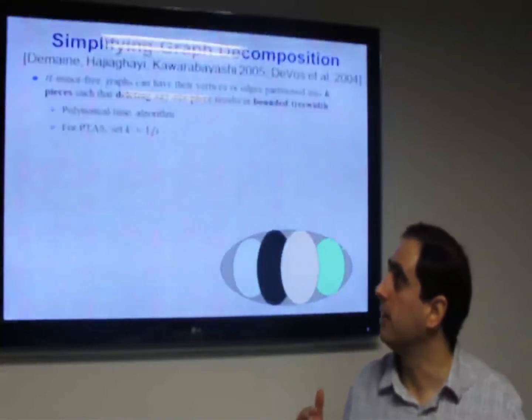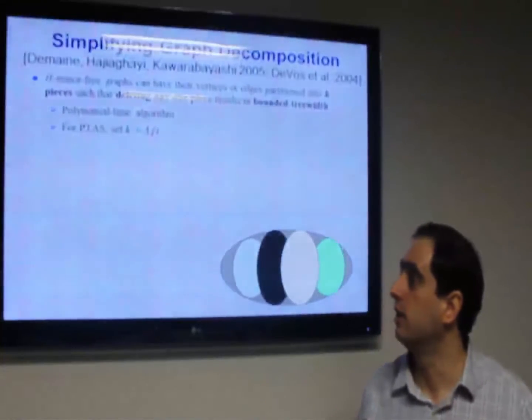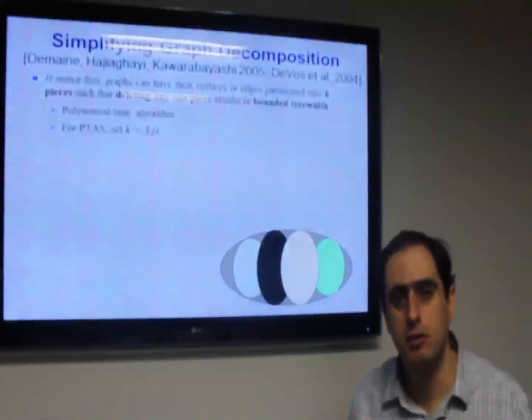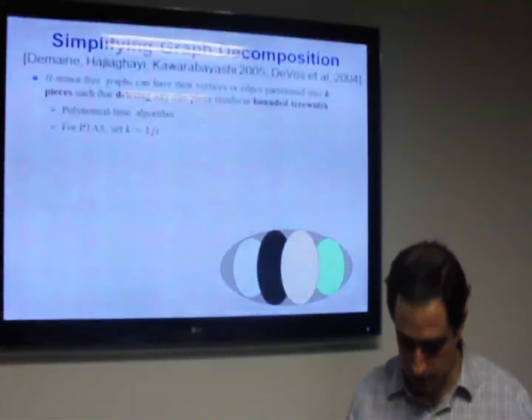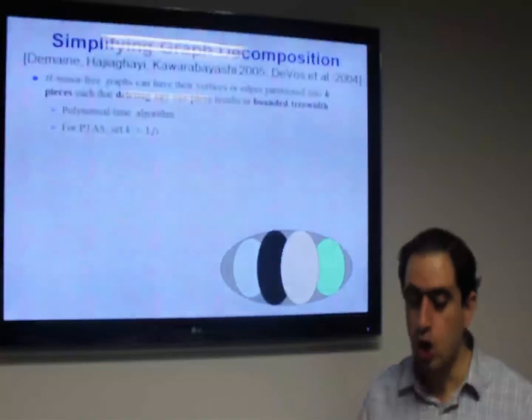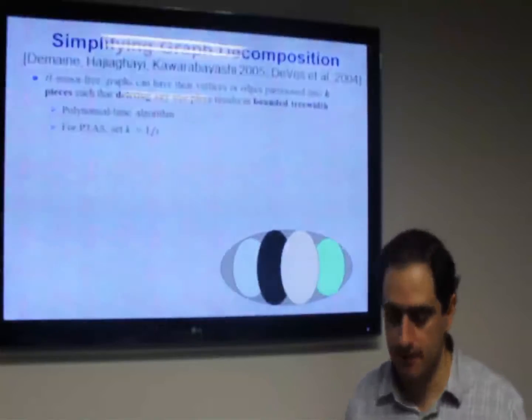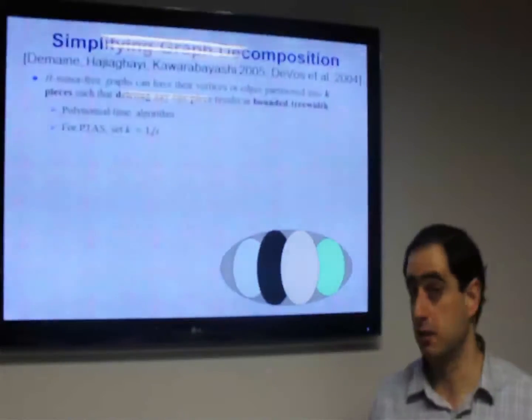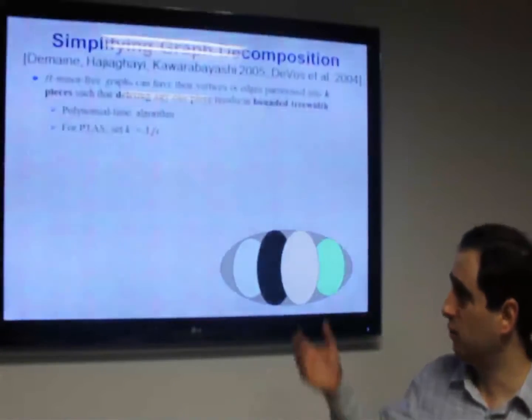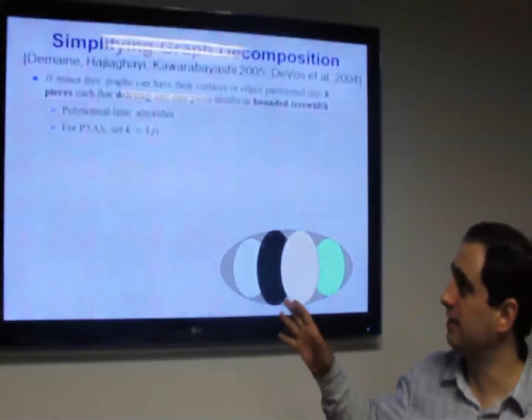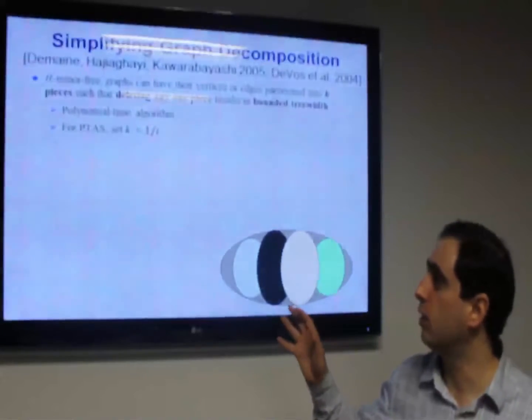And this can be done in polynomial time, so we can construct this way of essentially coloring or partitioning the vertices or edges into k sets in polynomial time. And for PTASes, the one that I will discuss later, you usually put k equal to 1 over epsilon.